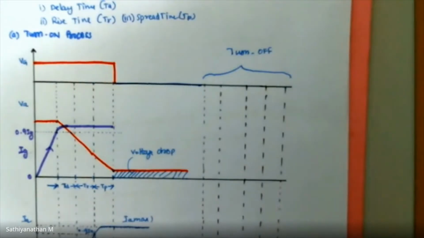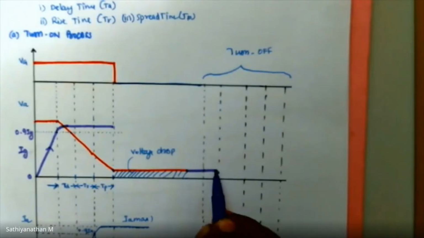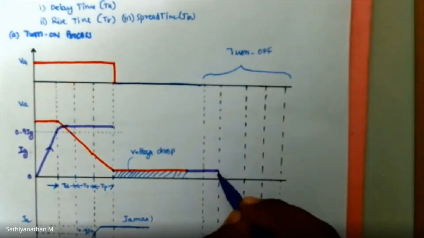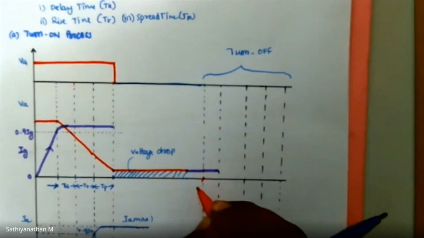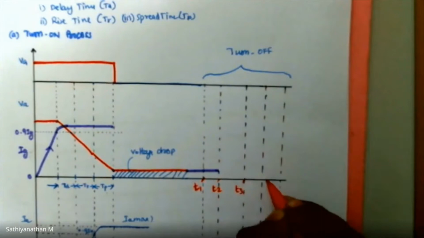During the turn off time period, the anode voltage is still very low till this time interval. I can take this as T1, this time period is T2, then T3, T4, and this is T5.